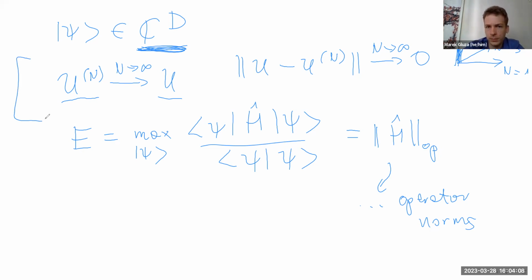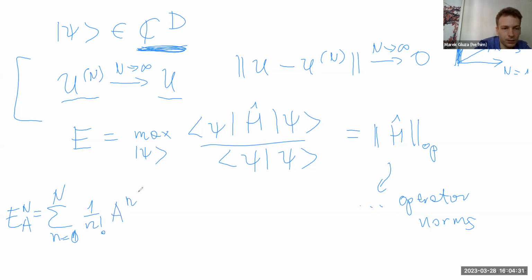So now I can talk about, for example, the sequence, let me call it E_n of A, with n equals 0 until N. So that would be partial sums of an exponential series, A to the power n.